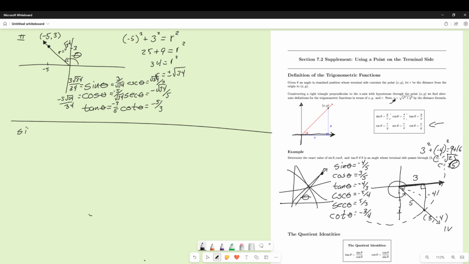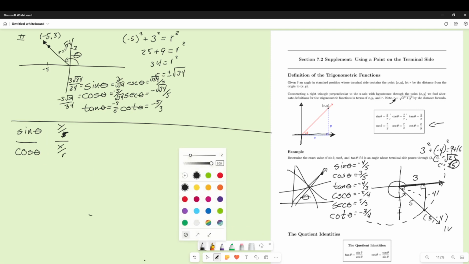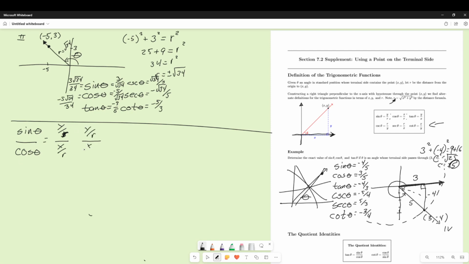They give us some other tools that we can work with. If we notice that the sine is equal to y over r, and the cosine is equal to x over r, notice if we take the sine value and divide it by the cosine value, if we find these quotients, we get this y over r over x over r.